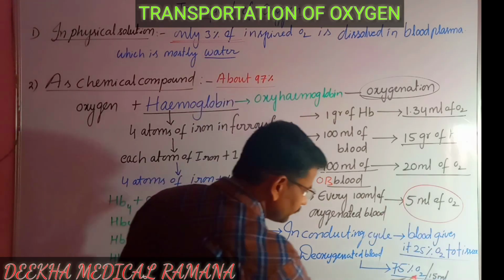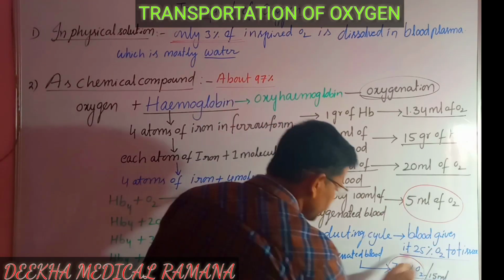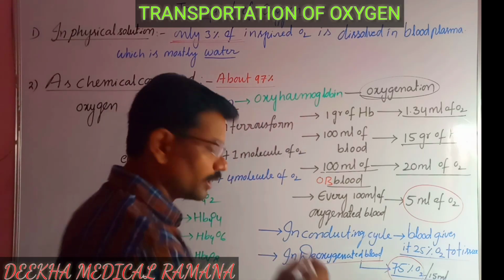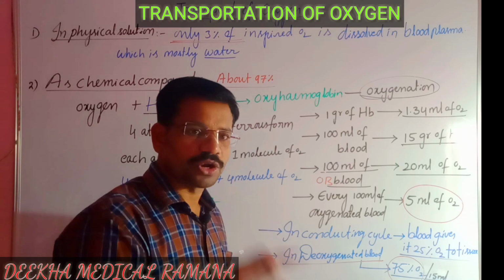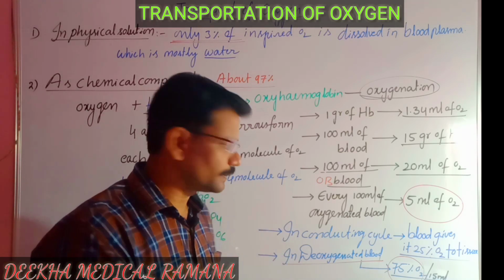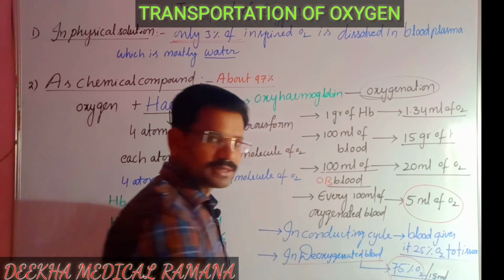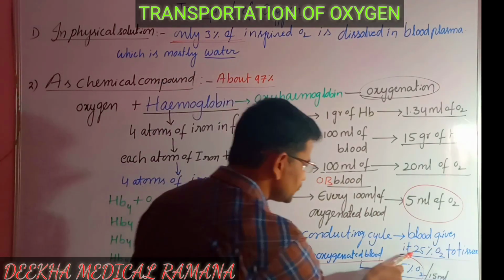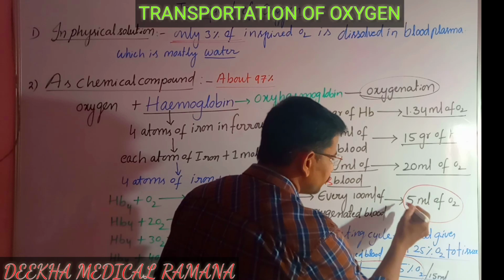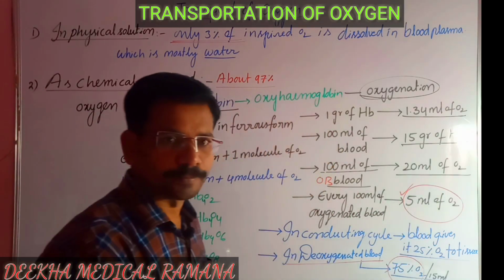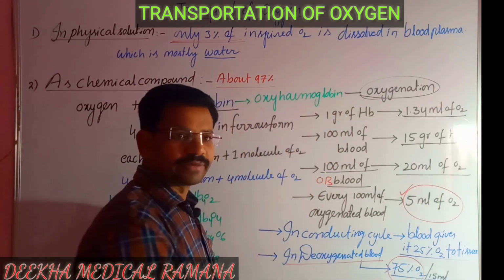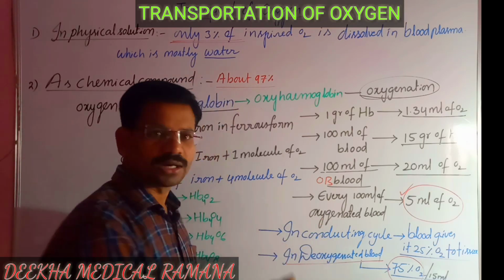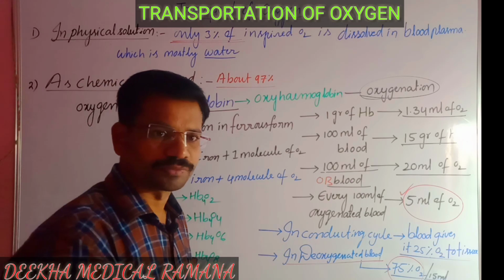The remaining 75% of oxygen remains in the deoxygenated blood. Do you understand? In the physiologically normal condition, our body cells can take only 25% of oxygen, that is equal to 5 ml of oxygen, right? The rest, 75% of oxygen, will be present in the deoxygenated blood, right?